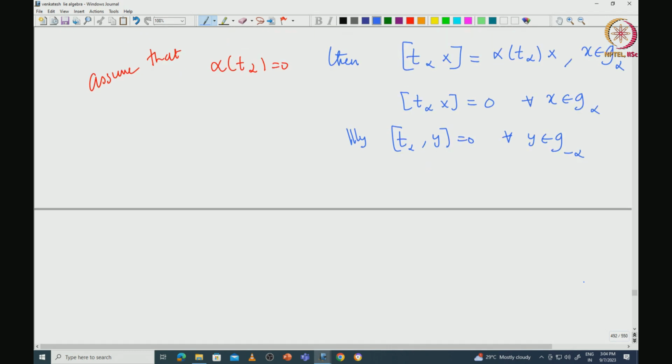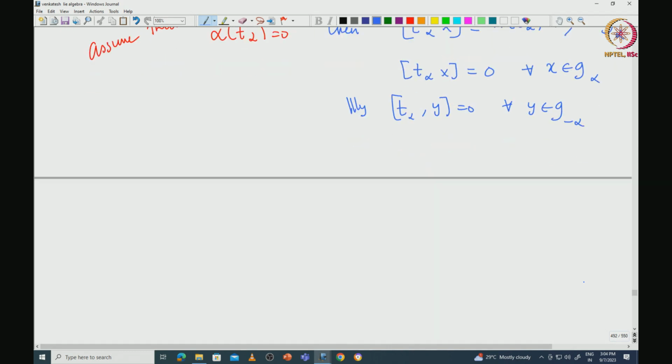Now we can choose x and y as above. Choose x in g alpha and y in g minus alpha such that the bracket x y, which is kappa of x comma y times t alpha, is non-zero.